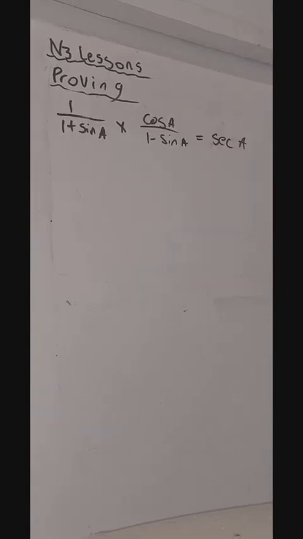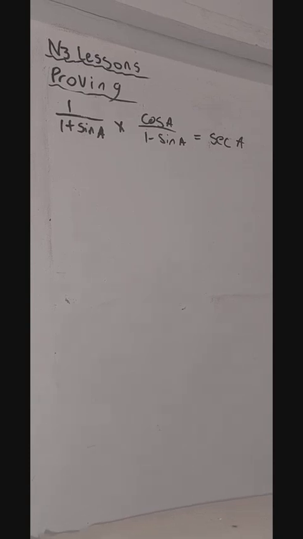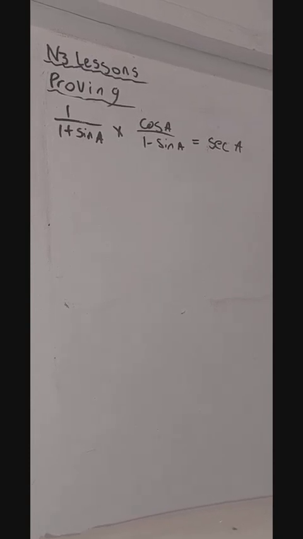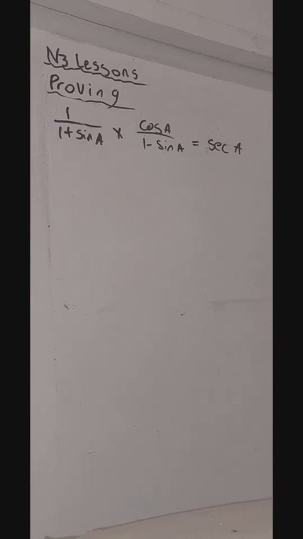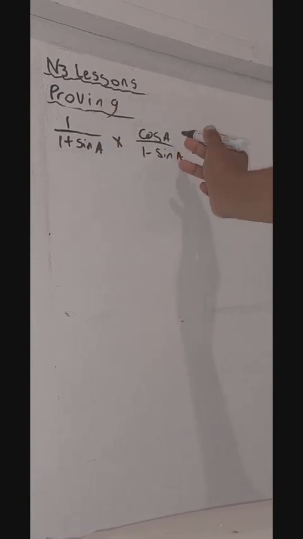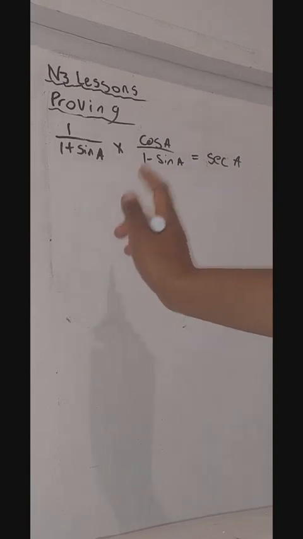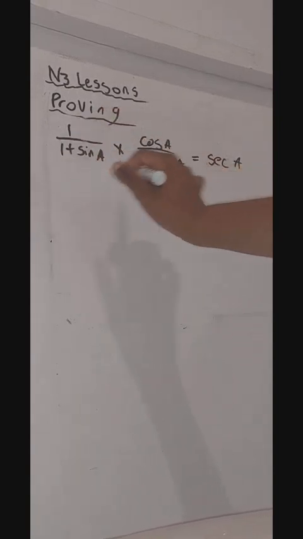Identities are easy, guys. Okay, dealing with proving, let's do this one. 1 over 1 plus sine A, times cos A over 1 minus sine A. Remember, when we multiply, this whole thing is like one thing. It's like saying 1 times 1, it's one thing.